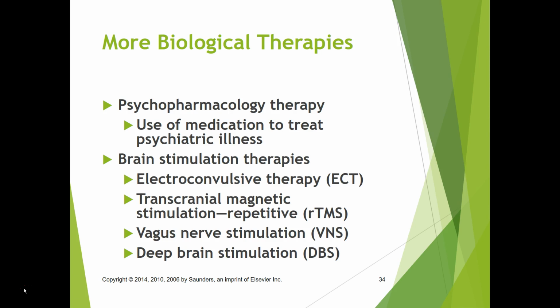But that is definitely a part of our biological therapies and brain stimulation therapies. So electroconvulsive therapy can be used, transcranial magnetic stimulation, vagus nerve stimulation, deep brain stimulation. And we have to remember that some of these brain stimulation therapies may or may not be available in our own local environment. We used to do electroconvulsive therapy at Aurora Sheboygan Memorial Medical Center.